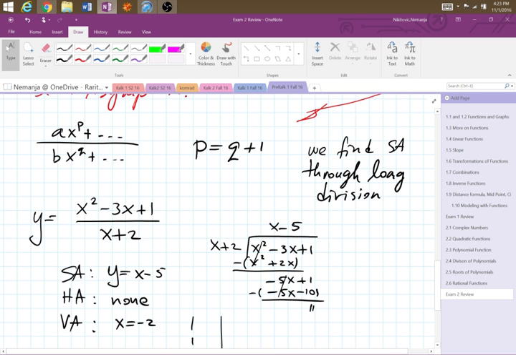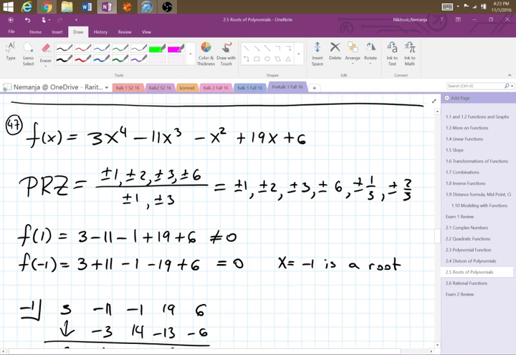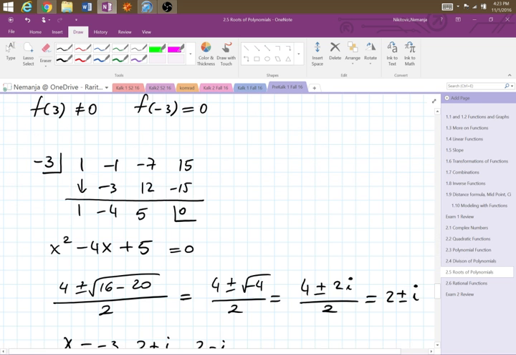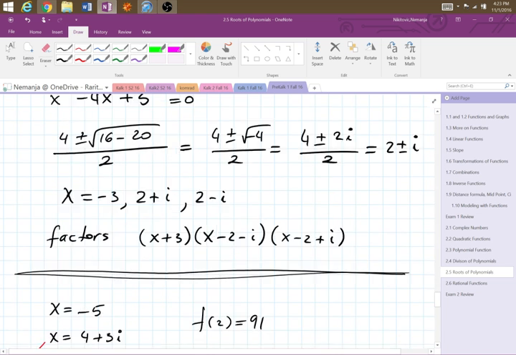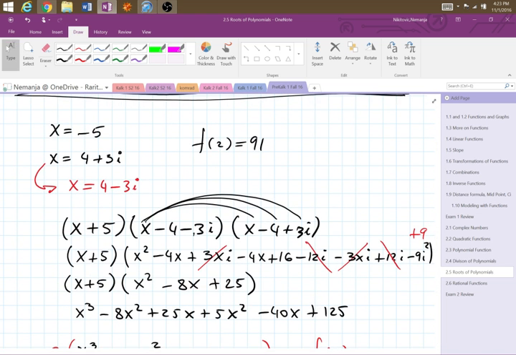I might put in one of those problems where you have to find the polynomial. Let me just show, if you guys forgot or you haven't gotten to the homework, so you didn't run into it yet, this one. Where you look for a polynomial, you're given roots.